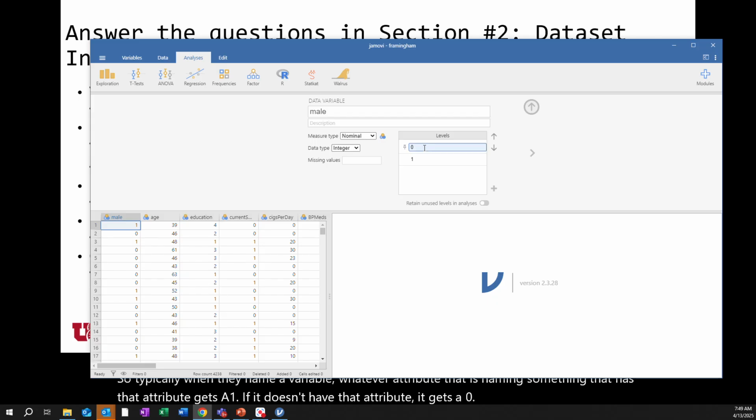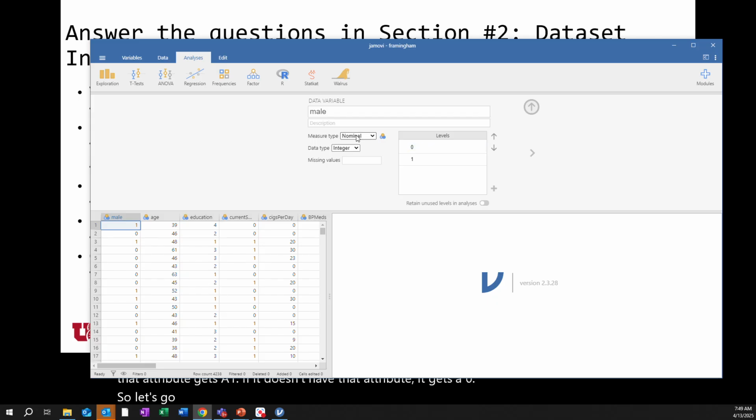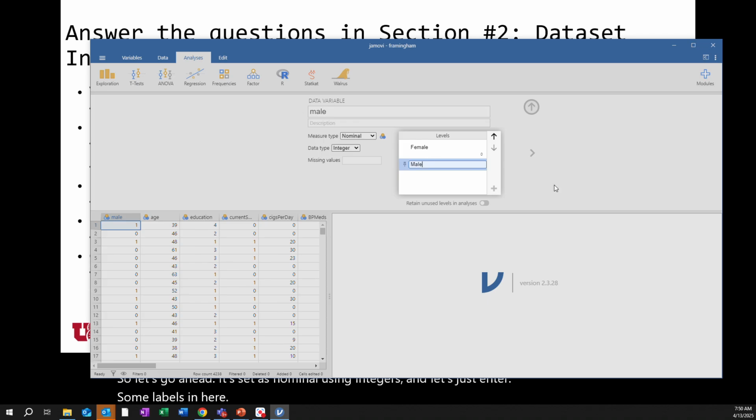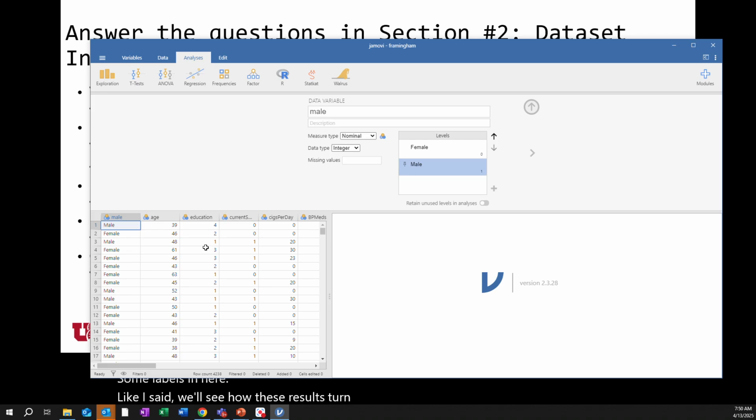So let's go ahead. It's set as nominal using integers, and let's just enter some labels in here. Like I said, we'll see how these results turn out, but the labels will make things a lot more interpretable on our output rather than us trying to remember what these codes are in our heads.